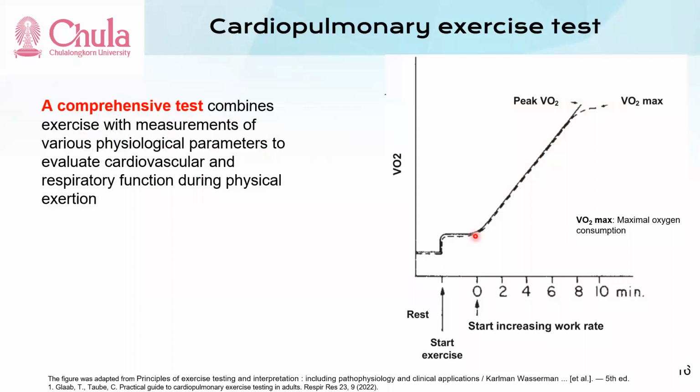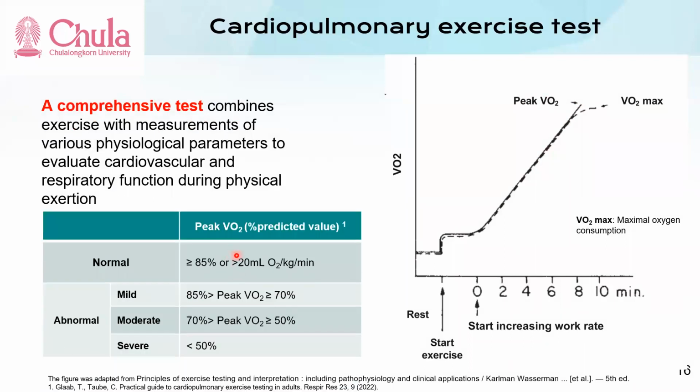The work rate will be incremental, and the peak oxygen consumption is determined as the highest oxygen consumption achieved when patients reach maximum effort during the test. Peak oxygen consumption is considered normal when it is equal to or greater than 85% of the predicted value, or greater than 20 milliliters per kilogram per minute, and abnormal when it is less than 85%.